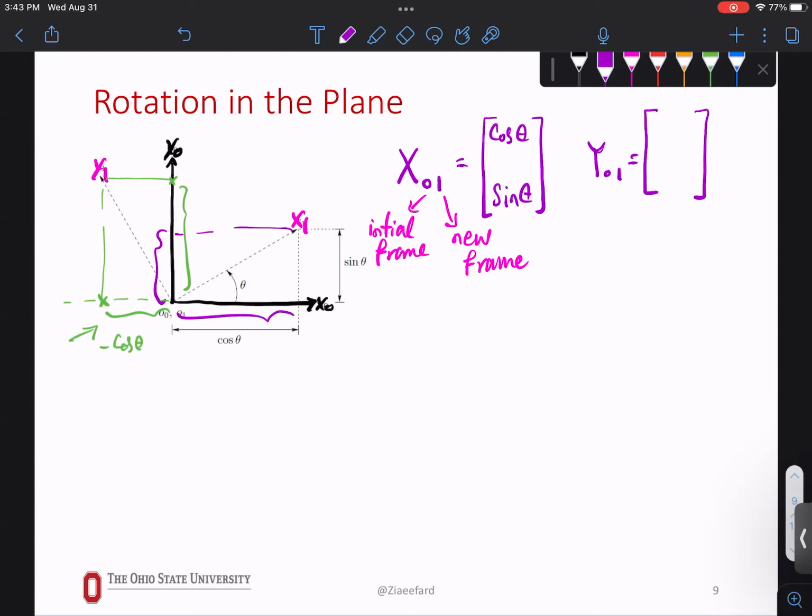No, negative sign, because it's on the negative side. And this is cosine of theta. So we have negative sine of theta in the x0 direction and cosine of theta in the y0 direction, right? Does that make sense? Everything starts from here. This is very simple. If you understand this, I promise you the first 3 weeks of this class is a breeze.